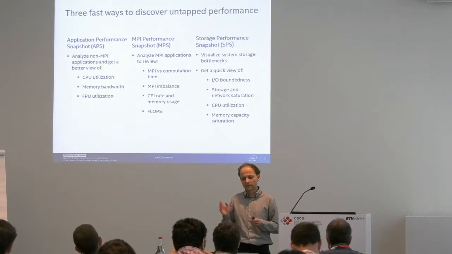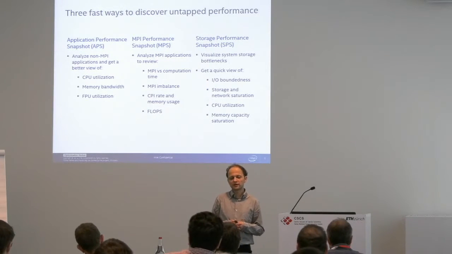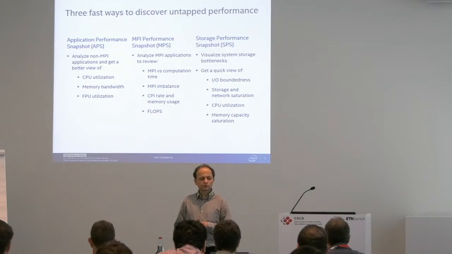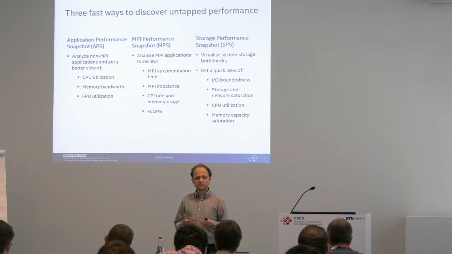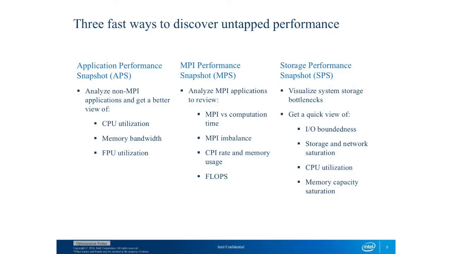As I said, there's this application performance snapshot, which is perhaps mostly an intranode exploration. It is a CPU utilization. It gives you some memory bandwidth and some of the floating point goodness that is monitored. Only these three aspects, right? For the MPI performance snapshot, MPS, you would look at basically imbalance and some high-level things like CPI rate and memory usage and flops as well.